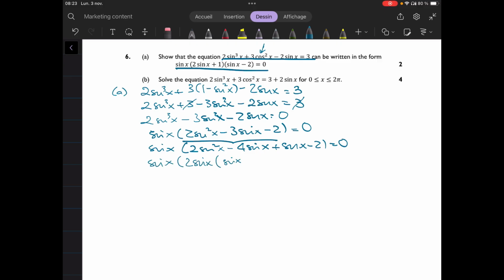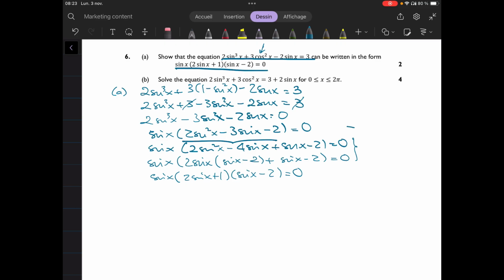Once again, because this is a short question, I am expecting a certain level of detail in your working out. So you must show your factorization. And you're not allowed to jump straight from this line to the printed answer.